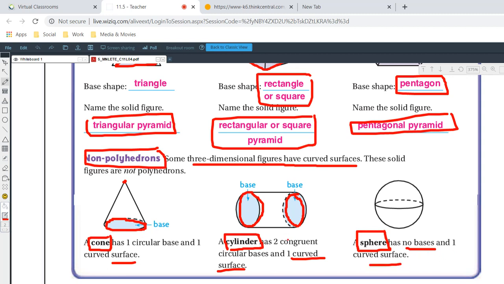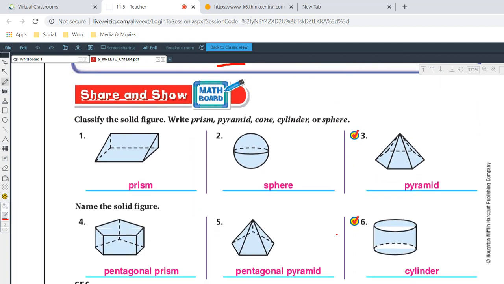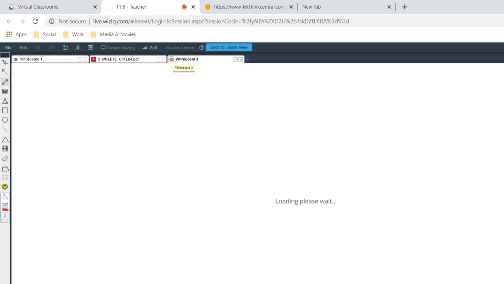So this is our lesson today. You have to understand the meaning of a solid figure. We have 2 types of solid figures. The first type is polyhedrons, and the second type is non-polyhedrons. Let's write it here.